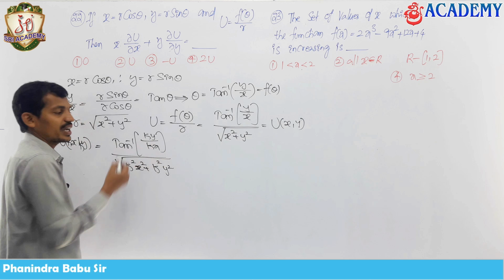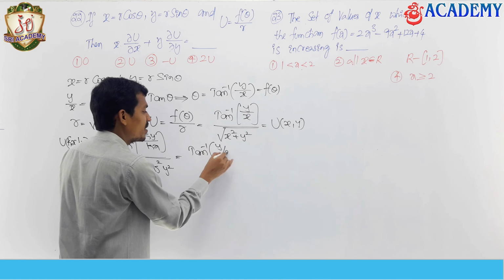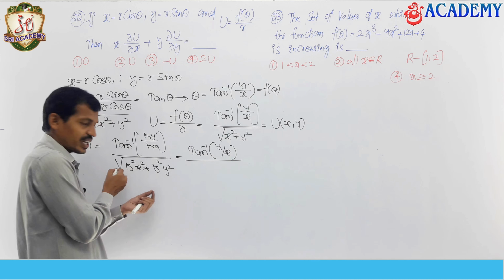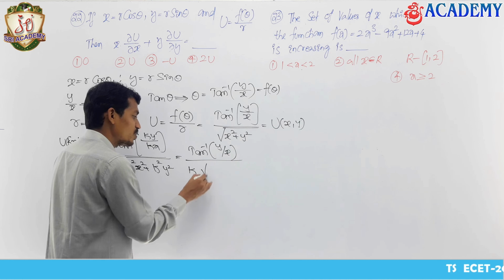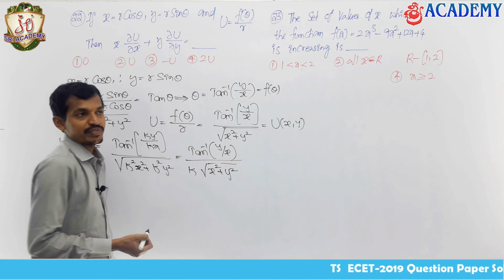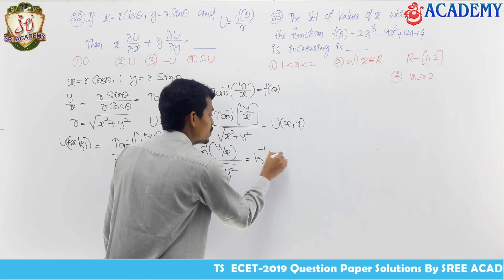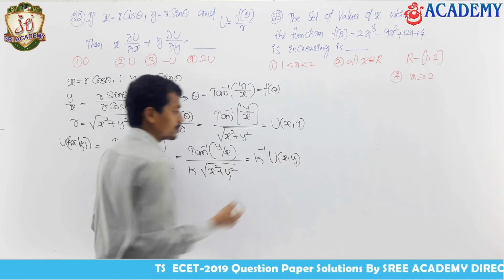That is, indirectly k gets cancelled. It's going to be tan inverse of y divided by x, divided by, if I take k square out, k into root over x square plus y square. This total function is going to be what? u of x comma y. We can write k power minus 1 into u of x comma y.